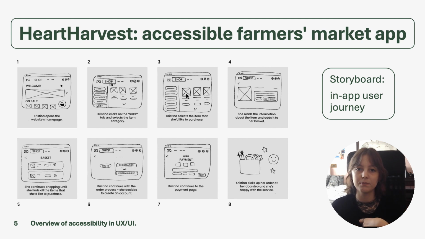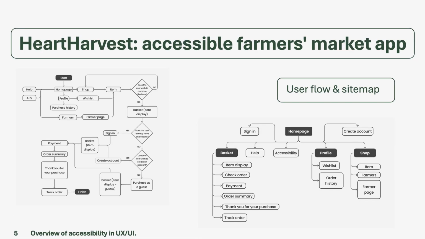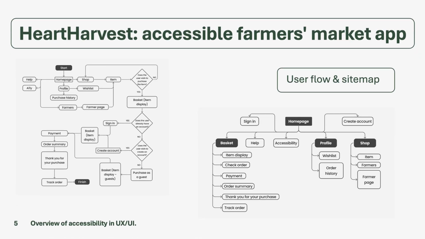So here is an example of the user journey from inside the app, and here is also an example of a storyboard from a general standpoint, from finding the ad for this app to having the groceries delivered to the doorstep. So this is more of a general storyboard and user journey.